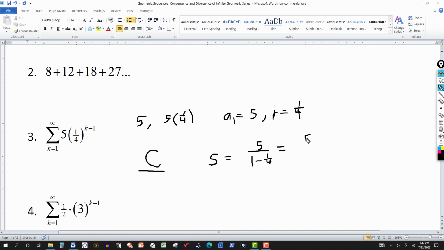This will be 5, then 1 minus 1/4 is 3/4. 5 divided by 3/4, invert and multiply, it will give me 20 over 3. So this one converges. The sum is 20/3.